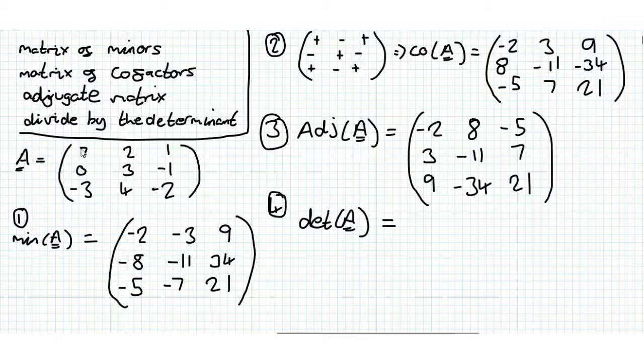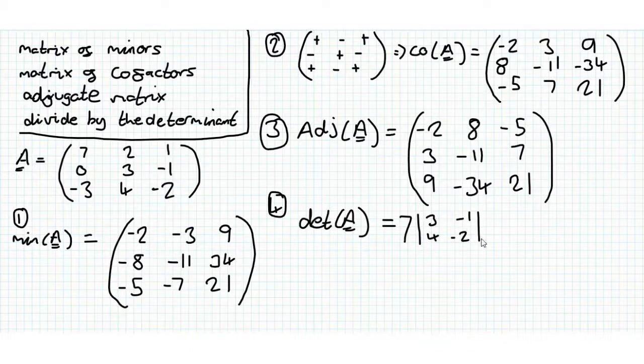So you choose any row or column, but I'm going to choose this one because it's got a 0 in, and you look at this pattern here, and you take these numbers and then you multiply them by the determinant of their minor matrix. That might sound a little bit complicated, but you'll see. So we'll do 7 times the determinant of 3, minus 1, 4, minus 2, and these little lines here just mean the determinant of this.